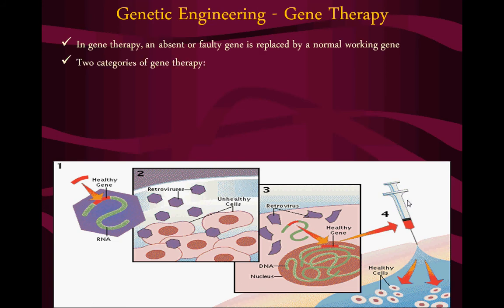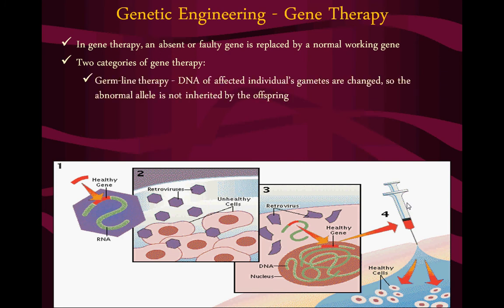So an absent or not working gene is replaced by a normal gene. And then one is called germline therapy. You don't have to know the name, but it's when you change the sperm and egg, the gametes. And if you are changing and injecting into the actual body cells, that's called somatic gene therapy.